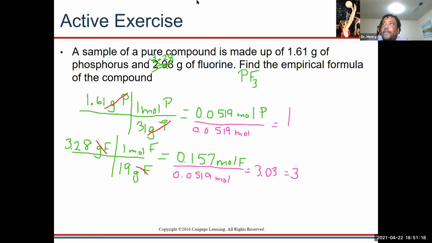So if I do that, this number here is going to be what? 0.173. Okay, and then if I divide that by, that would be 3.23.